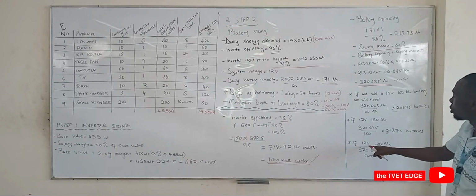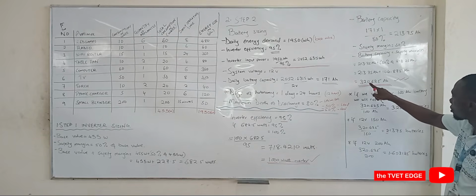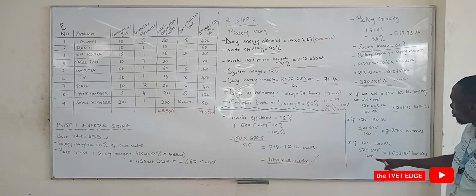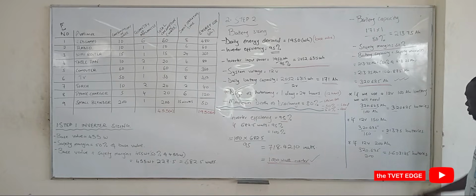If we go with a 12 volt 200 Ah system and we divide the same value, 320.625 divided by 200, we get 1.603125.